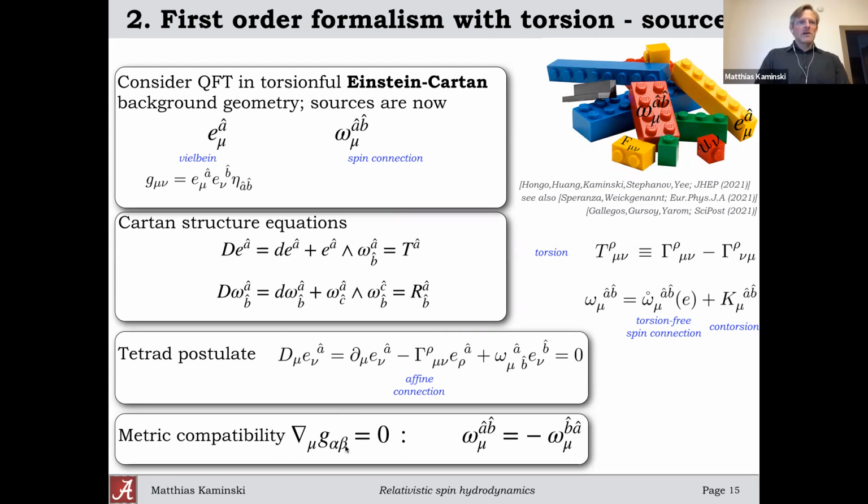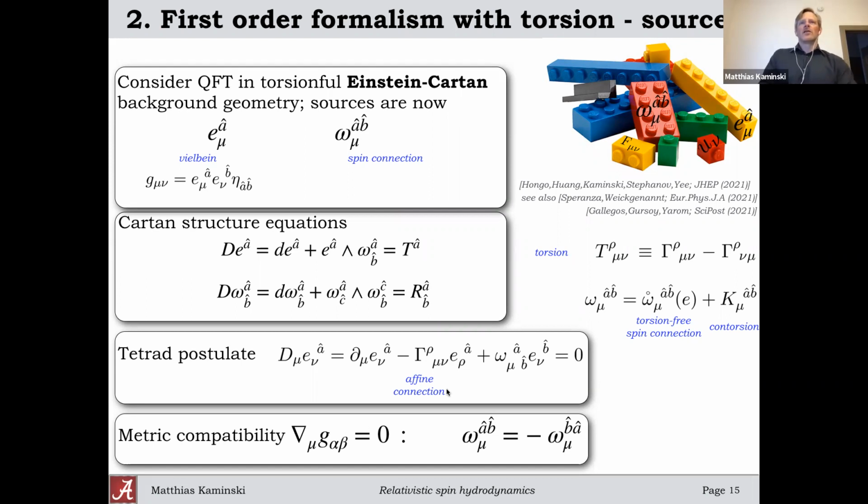And metric compatibility in particular, if we go back to the second order formalism with metrics, implies an anti-symmetry in the Lorentz indices for the spin connection. This is also something that we require in order to compare to the previous formalism. So these two, strictly speaking, are choices. The tetrad postulate and the metric compatibility are choices.